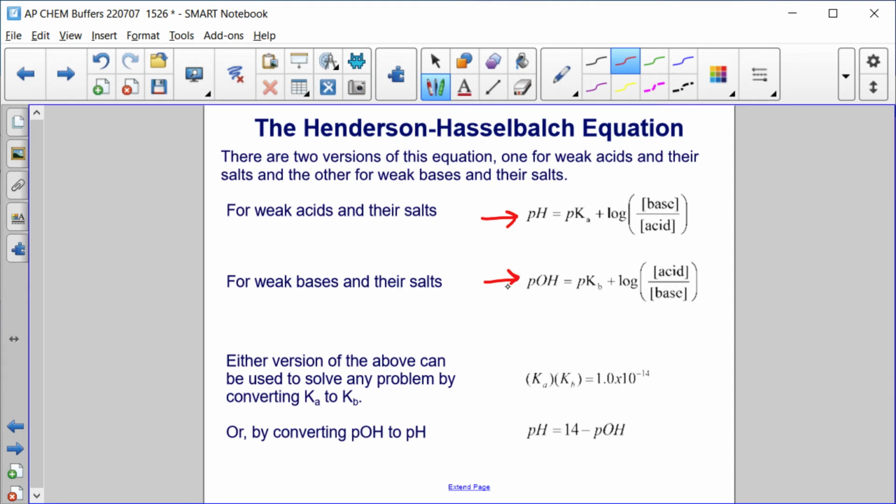Either version of the above can be used to solve for any problem by converting Ka to Kb. Remember that they are related through K water. Product of Ka and Kb is 1 times 10 to the minus 14. Or we could convert pOH to pH. 14 minus the pOH is the pH. And then we can use either form of the equation.